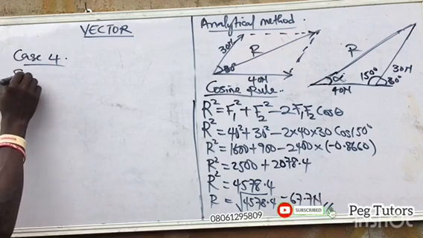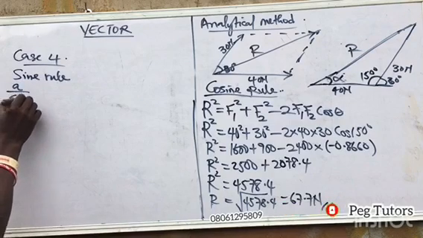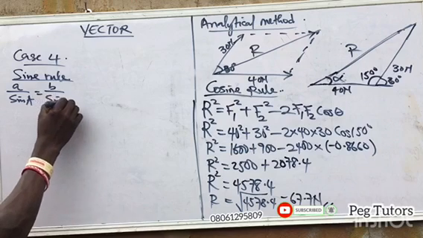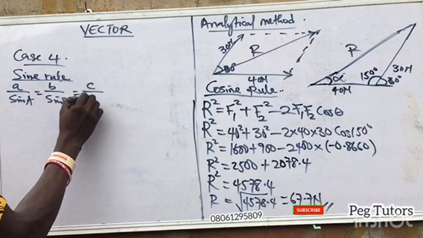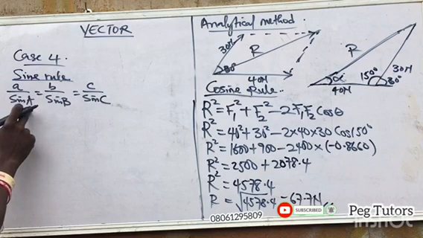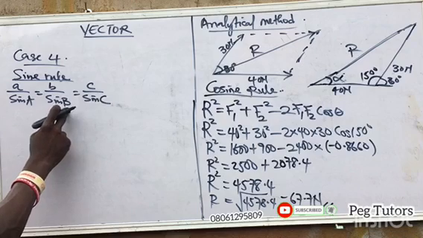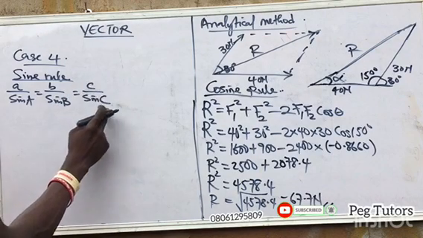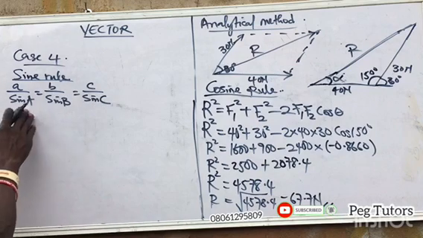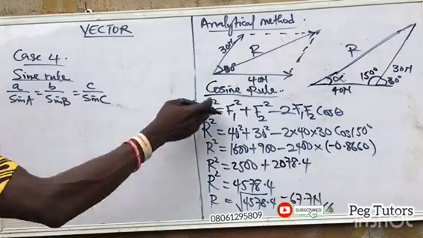So our sine rule states that a over sine A is equal to b over sine B is equal to c over sine C. Here small a is the line, big A is the angle, small b is the line, big B is the angle, small c is the line, big C is the angle. Now we can't use these three at the same time, so we can only use two parameters at the same time. So let's compare this with what we have here.